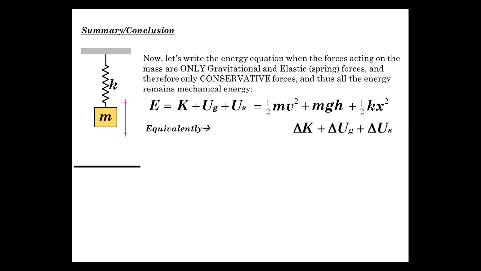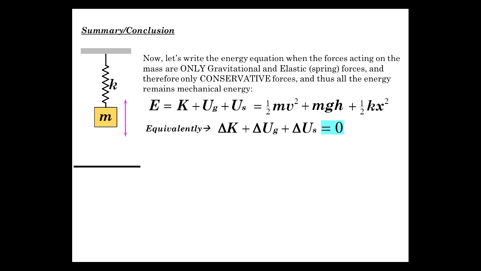Now, an equivalent way to consider this is that, since it's mechanical energy only, the delta K, the delta U sub G, the delta U sub S, all added together will give us 0. At the expense of kinetic, kinetic goes down, one of these will go up, or there's interchange between all three of them.